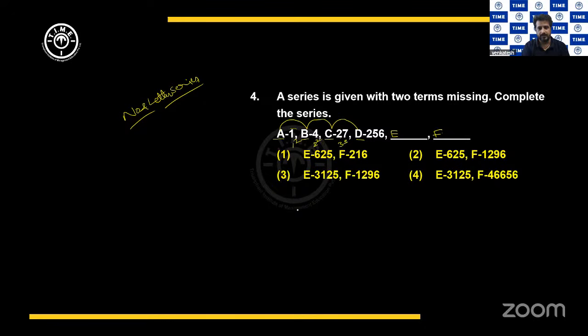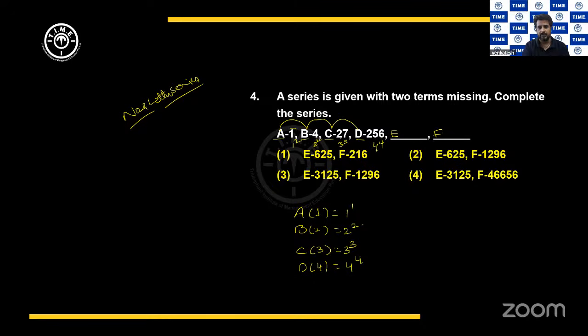If you observe, A's position value is 1 and it is 1 power 1. B's position value is 2 and it is 2 power 2. C's position value is 3 and it is 3 power 3. Now, D's position value is 4. 256 is 4 power 4.